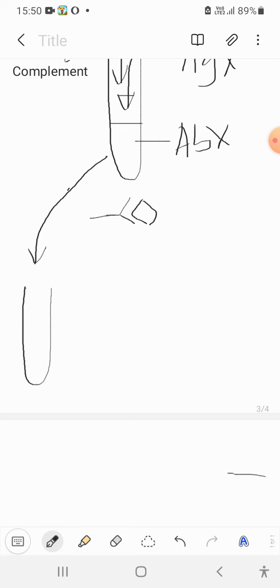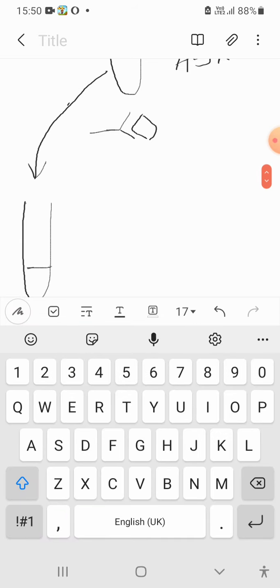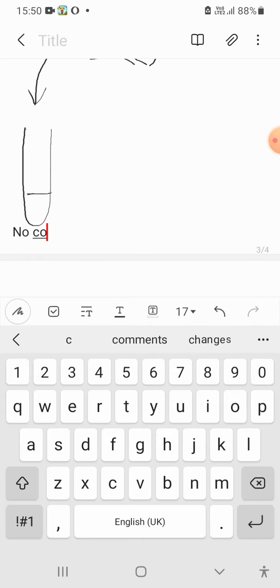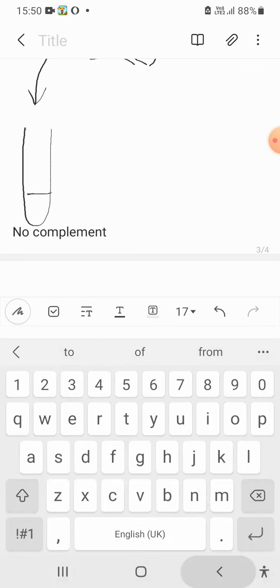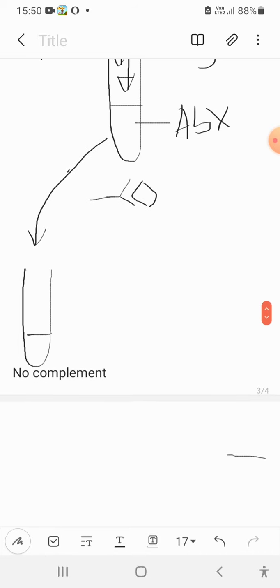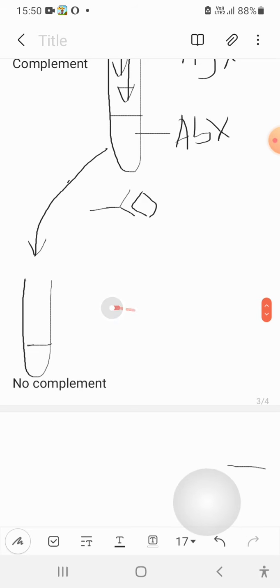So this tube has no complement because the complement has been used up. So this tube now has no complement.